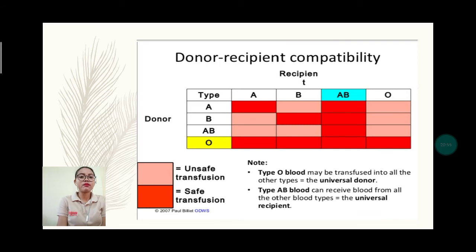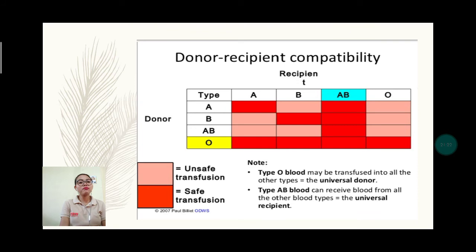Parang fuchsia. Sorry. What color is that? Light pink? Something like that. Okay, but let's focus on the color red. When the color is red, it means that the transfusion is safe.